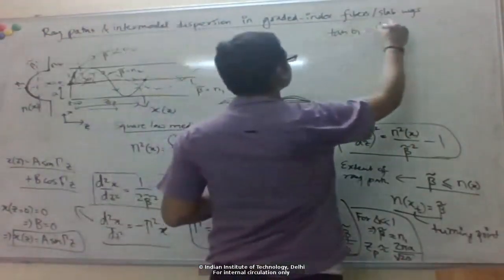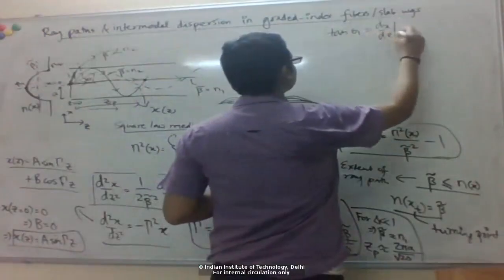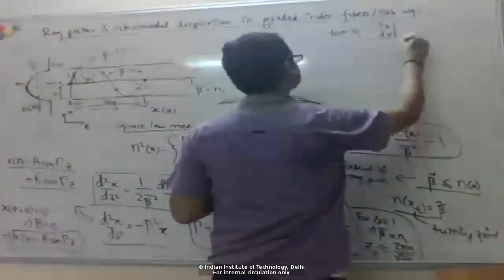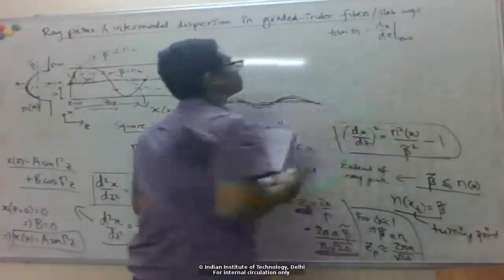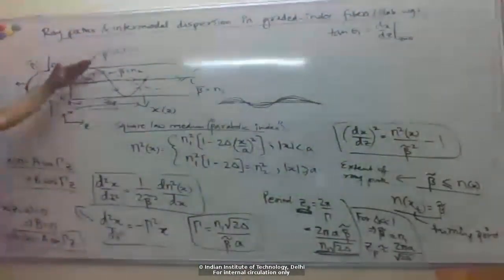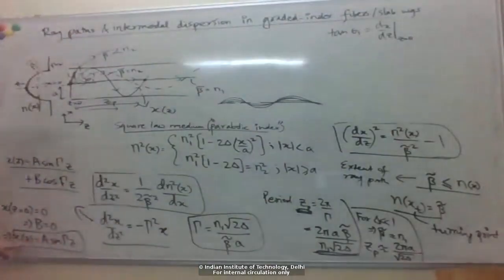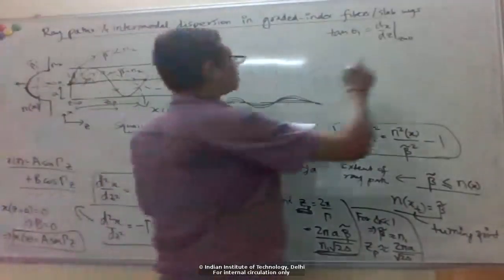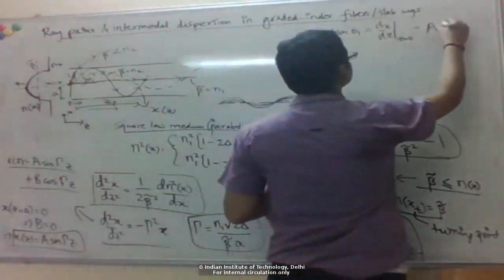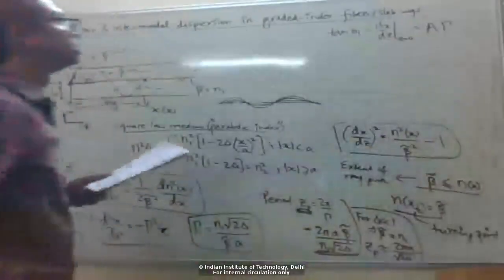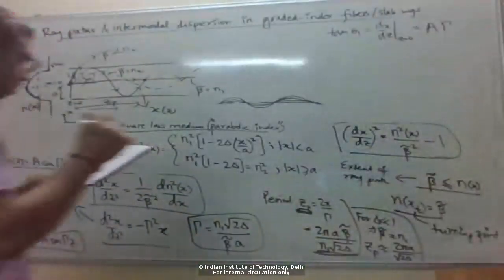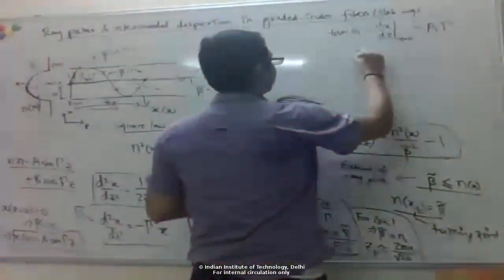That's the slope dx by dz at the initial z equals 0. That's this angle. So we can find the derivative dx by dz from here and put z equal to 0. So this is just A times gamma.